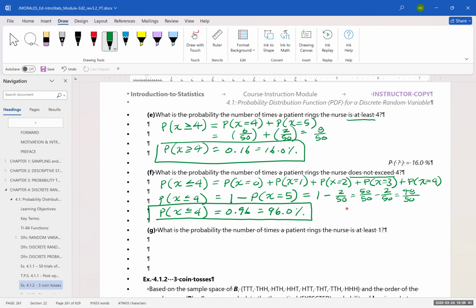Lastly here, what is the probability the number of times a patient rings the nurse is at least 1? Very similar scenario. So this would be the probability that x is equal to 1 plus the probability that x is equal to 2 plus the probability that x is equal to 3 plus the probability that x is equal to 4 plus the probability that x is equal to 5.